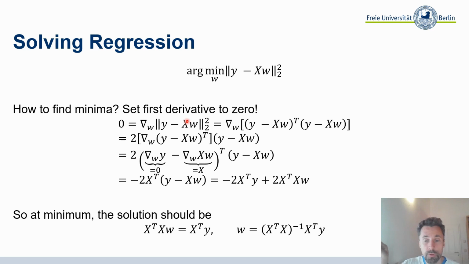So that if you then apply another square, the square root will vanish, and then we'll have just the individual sum of squares, and this could be written as the dot product of this vector with itself. Yeah, so the vector y minus xw. So these are the differences of the predictions xw and the labels.